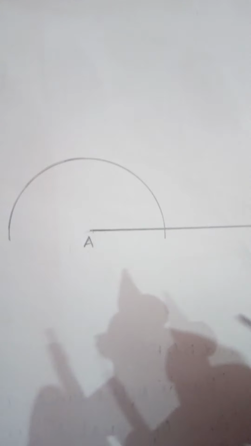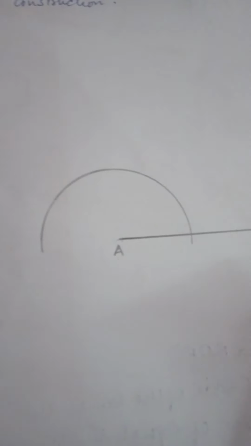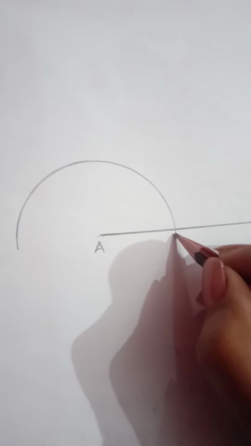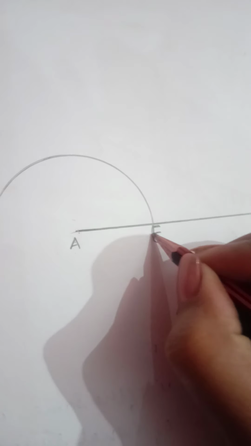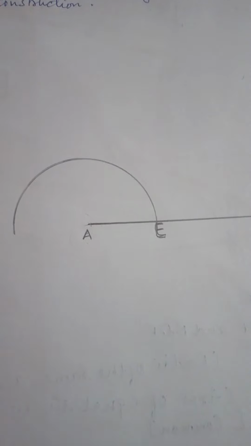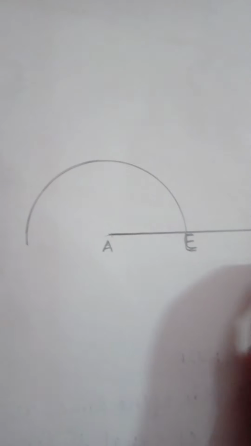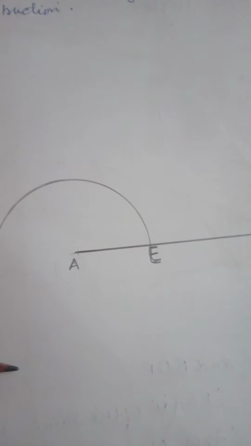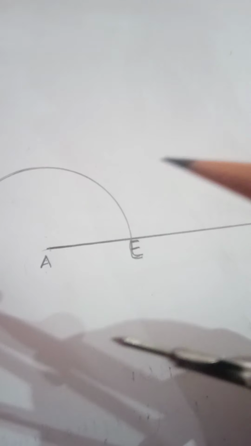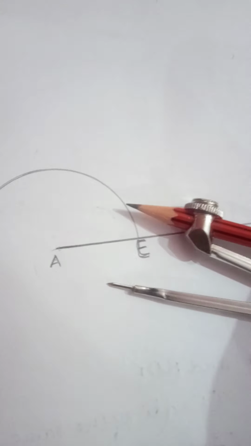The arc is made. Now let us mark this point as E. With the same radius, you do not need to change the distance or the measurement you have taken on the compass.